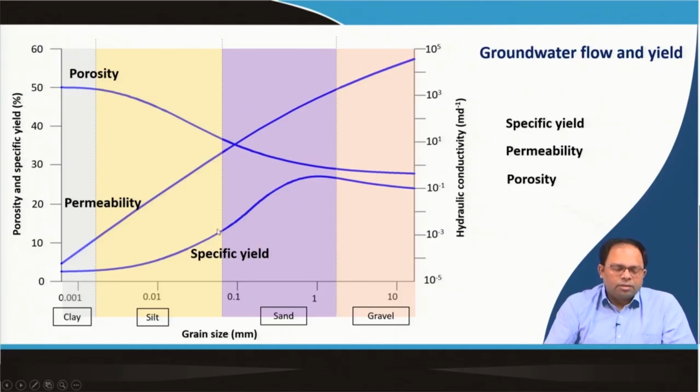The slope for specific yield increases very high for sand and then gradually stabilizes. Specific yield increases for sand and gravel, permeability is also high, that is why specific yield is high, and porosity is a little bit less, but not that much less, whereas clay, even though having higher porosity, has less specific yield and less permeability.